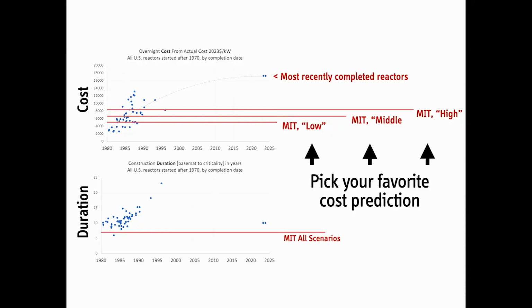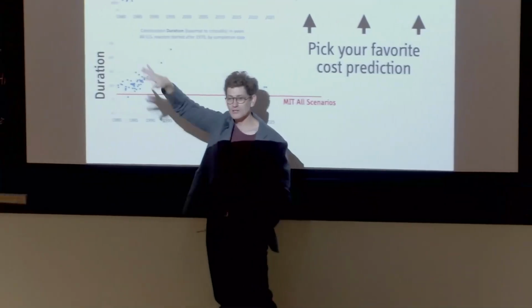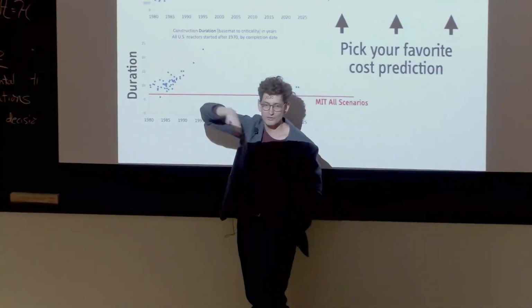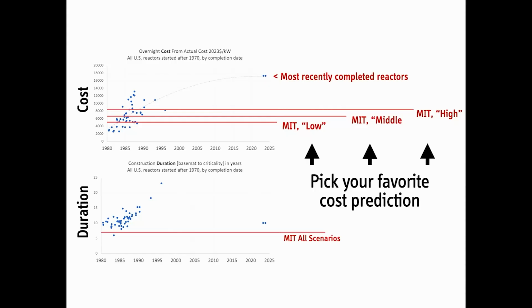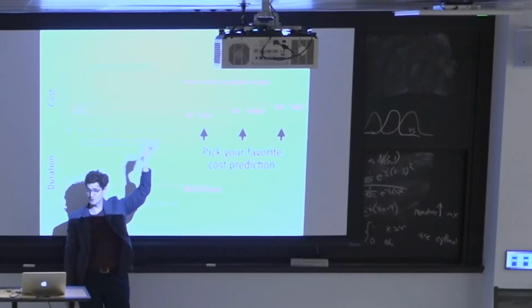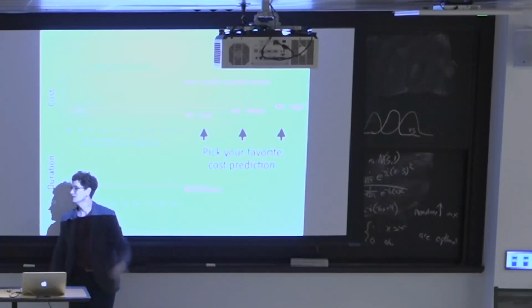And here's what MIT did. They said, we're going to pick a high, middle, and low cost. And just for your information, this is where they come out on the dispersion. So you can judge for yourself whether you think the low cost is a reasonable number, if you think the high cost is a reasonable number, if you think the high cost should be closer to where the Vogtle number is, if you think this trend is real or not real.